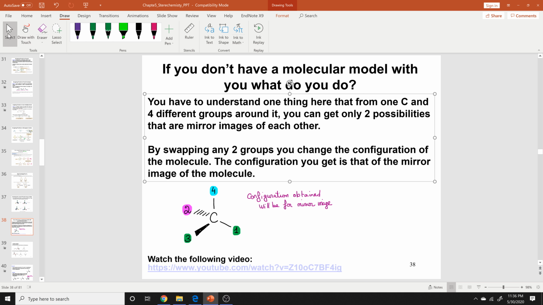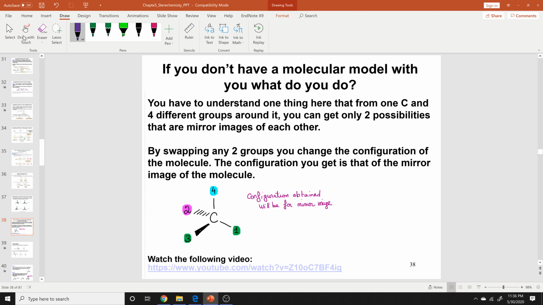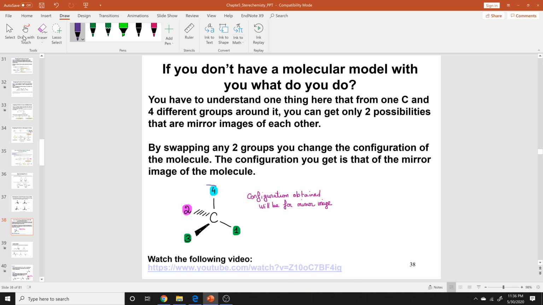Let's select that. Okay, here you go, that is the eraser. So let's say, for example, this is my tetrahedral carbon, 4 different groups. I'm setting my priorities. Here in this case, group number 4 is in plane.